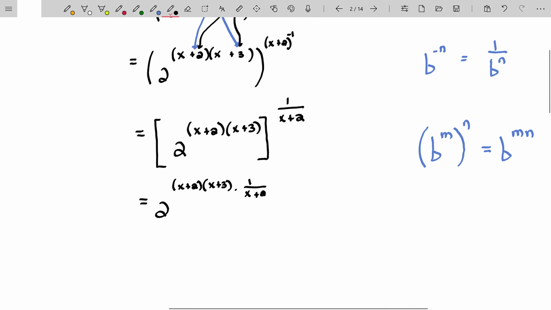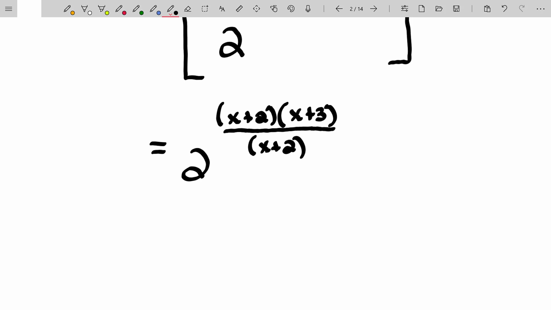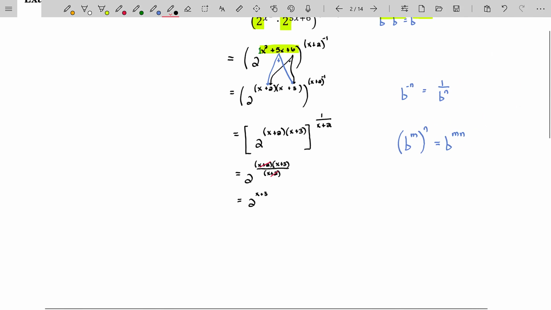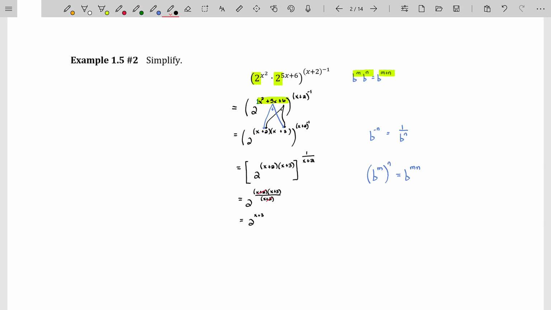Well, now, if you're multiplying these together, honestly, I could have written this much more cleanly. I could have said this is the same thing as x plus 2 times x plus 3 over x plus 2. And now you can see the x plus 2's cancel beautifully. And this is now just a simple 2 raised to the x plus 3rd power.